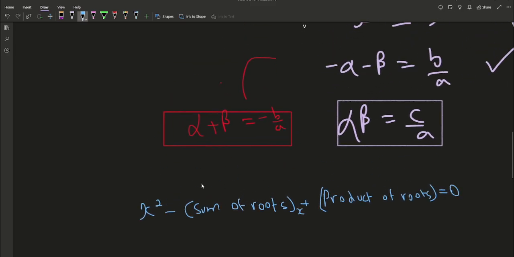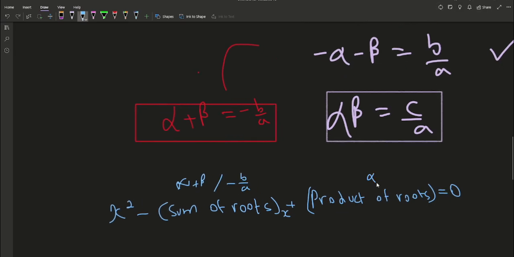This is basically alpha plus beta, or minus b over a. This is our alpha beta, or c over a, right?